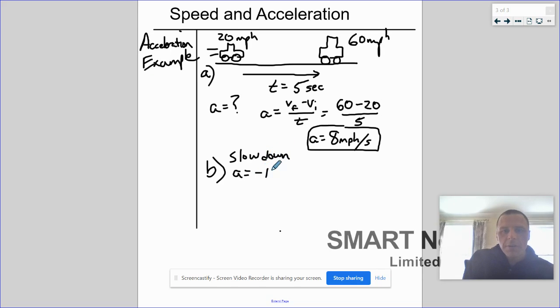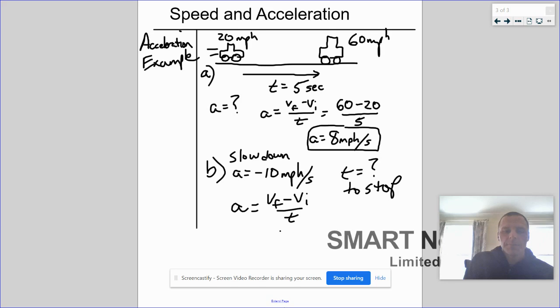If it slows down at a rate of negative 10 miles per hour per second, how much time does it take to stop? So I want to use this equation and solve for time. So it's going to go from 60 to 0. So I have to reuse this equation. A equals VF minus VI divided by T.